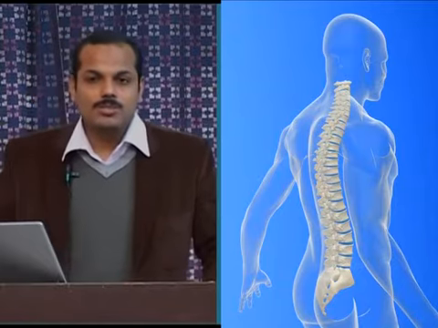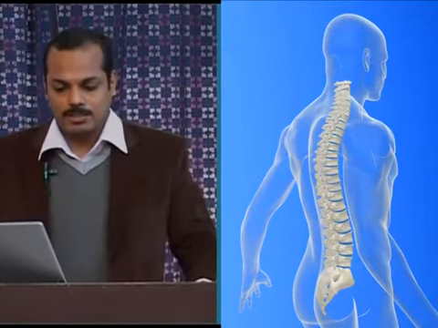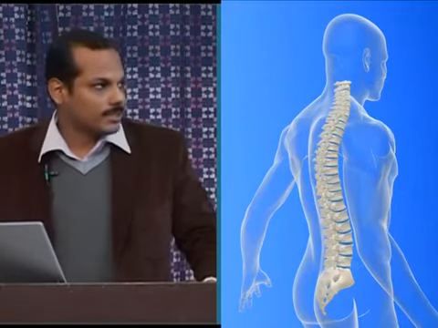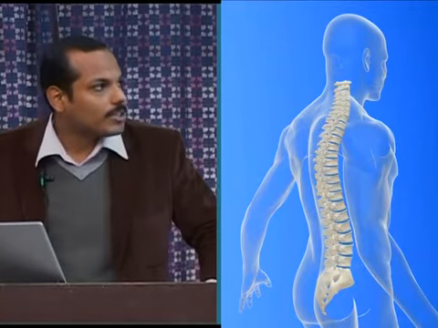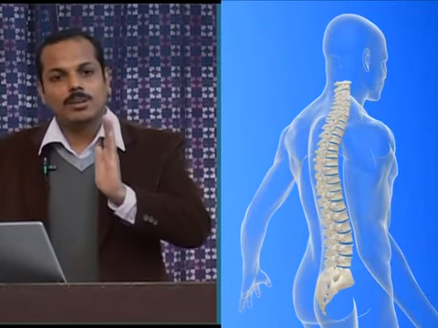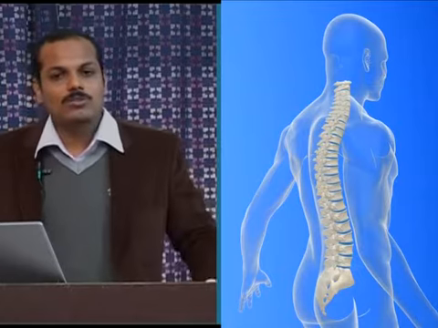Now, once you see the vertebral column from the front or back, it is very much straight. But once you see the entire vertebral column from the side, that is the sagittal view, you can see lots of curvatures.